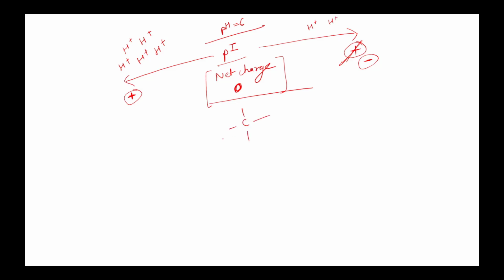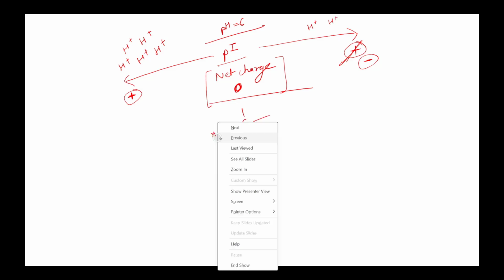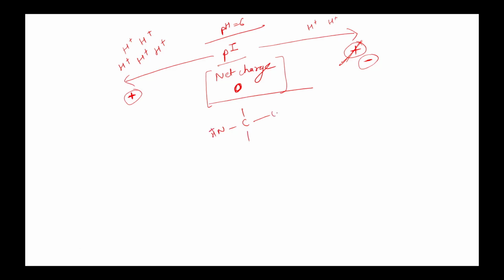If you assume your protein like this at the isoelectric point, the net charge will be 0. At this point, if you increase the pH, deprotonation takes place, and that's why the charge becomes like this. The deprotonation happens.